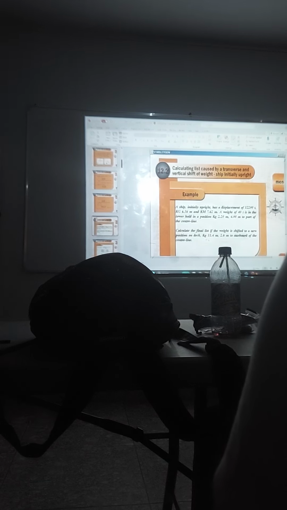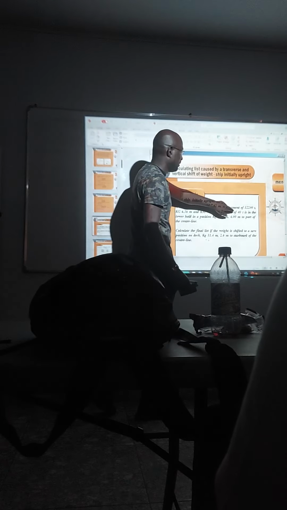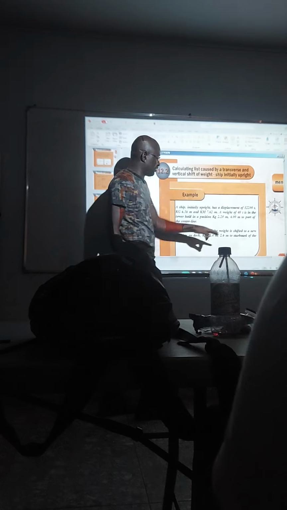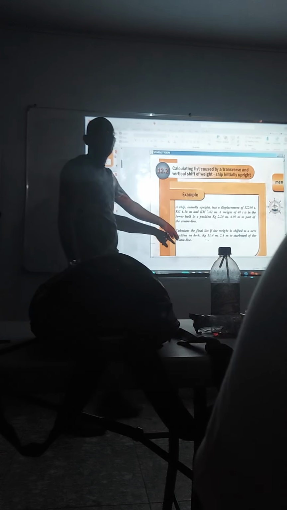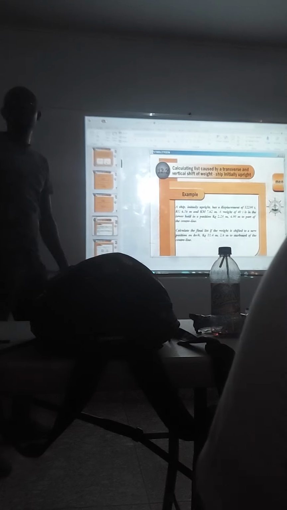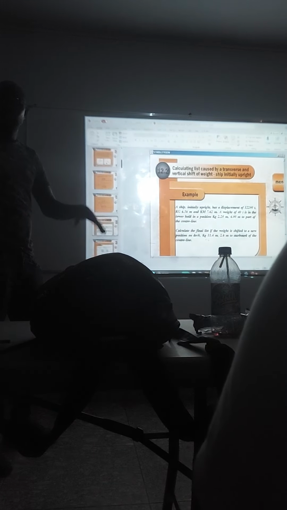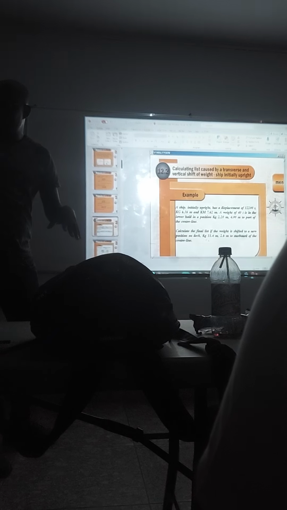Okay, I understand what Emily is saying. The 40 tons is already considered in this displacement here. The only thing they did was take the 40 tons down and shift it to a new position. So it is already there, and all they're doing is shifting it. If I'm right, Emily? Yeah, you're right.